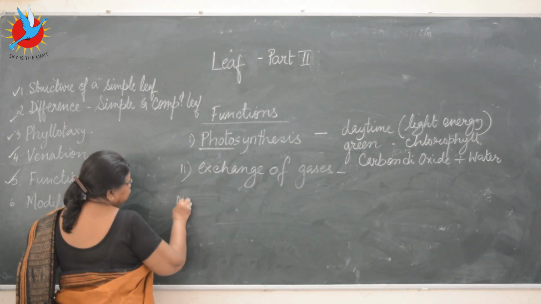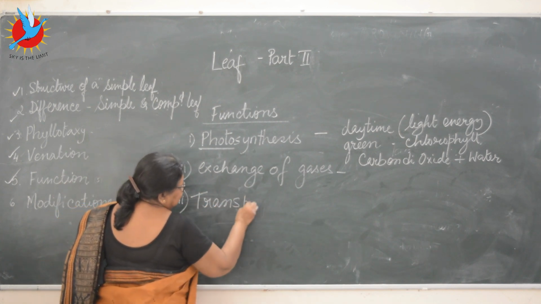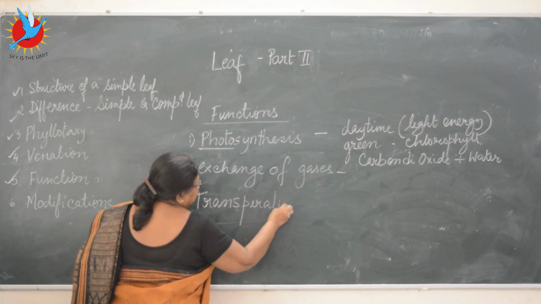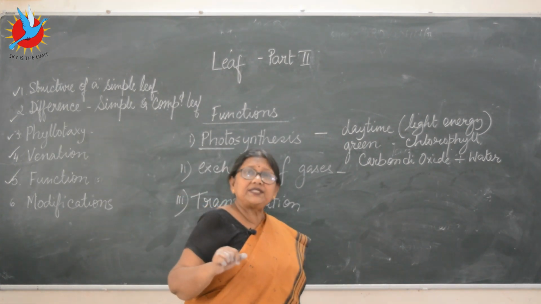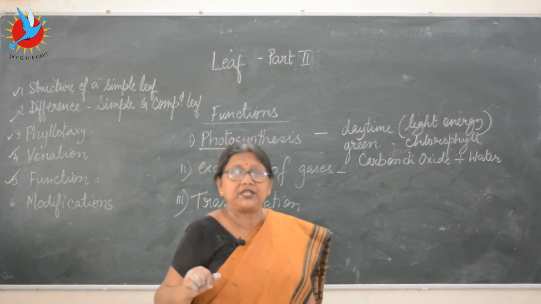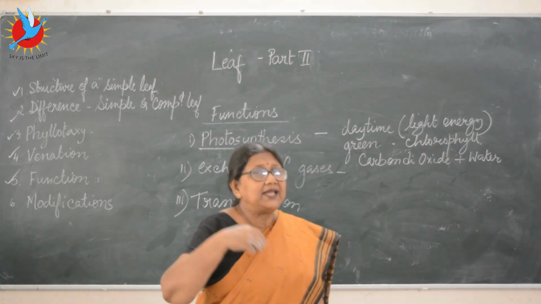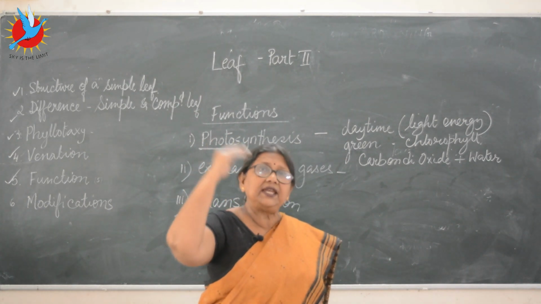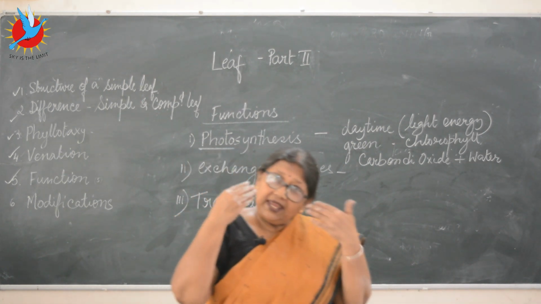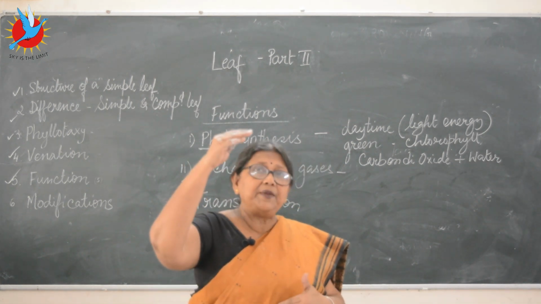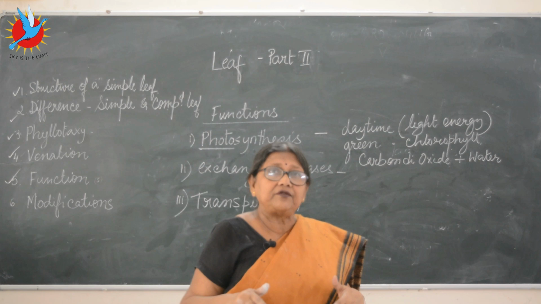Third one, we call it transpiration. Now, what is transpiration? It is the process of giving out excess water. Roots are continuously absorbing water from the soil, and sending it up through the cells to the leaves. Leaves are preparing food during the daytime, but the water is continuously coming up, and all the water molecules not used up during photosynthesis, the excess water, what happens?